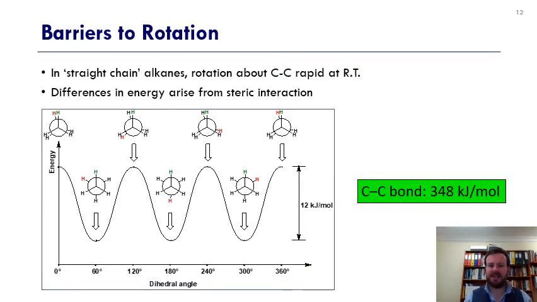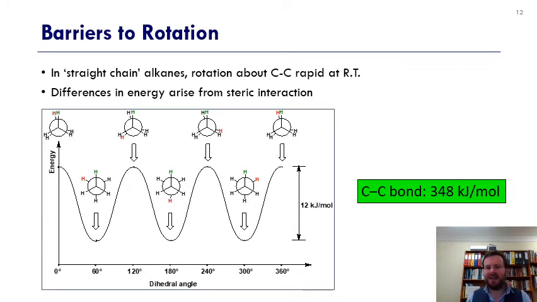So as I was just discussing a moment ago, we can map out this rotation showing the higher energy eclipsed states at the higher energy position, and as it rotates and moves throughout that bond, it gets down to the much lower staggered state. Note that that's only about 12 kilojoules per mole. It's actually relatively low. There's enough energy around at room temperature to allow that rotation to continually happen over time.